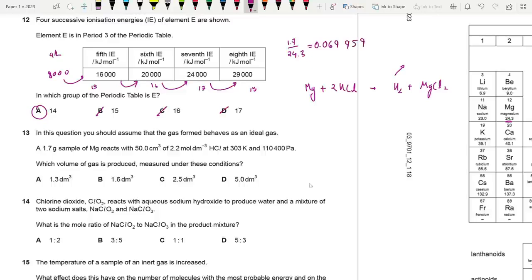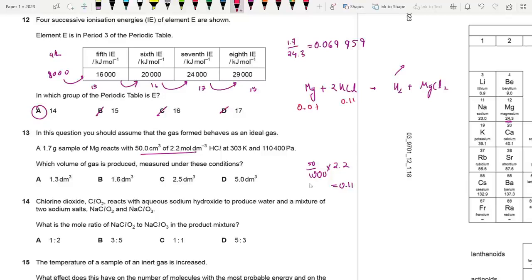Okay. And about HCl, the moles of HCl is going to be 50 by 1000 into 2.2, according to this data, which gives you a value of 0.11. So we have 0.11 moles here, and we have 0.07 here.